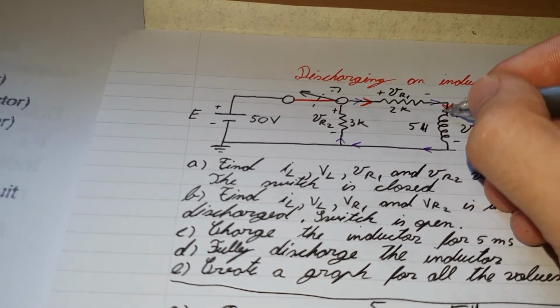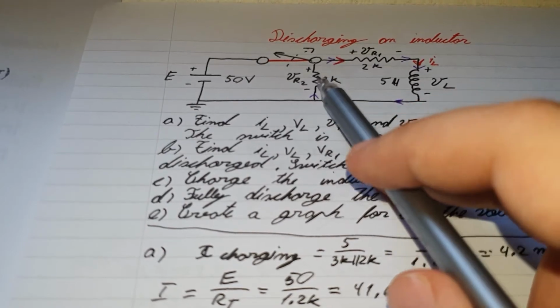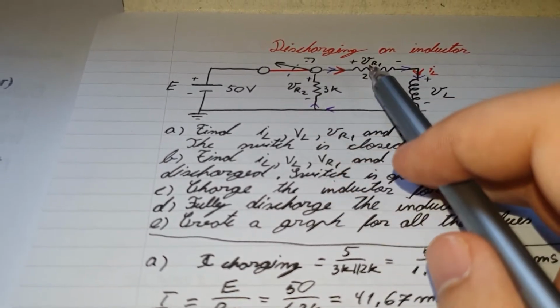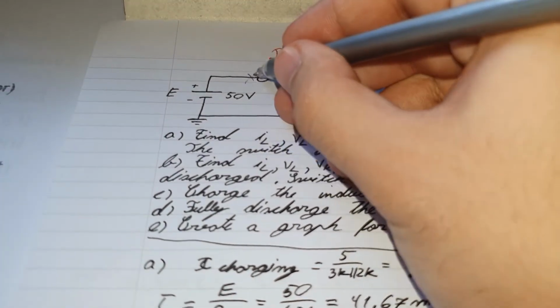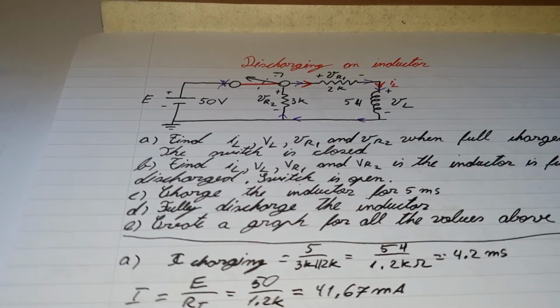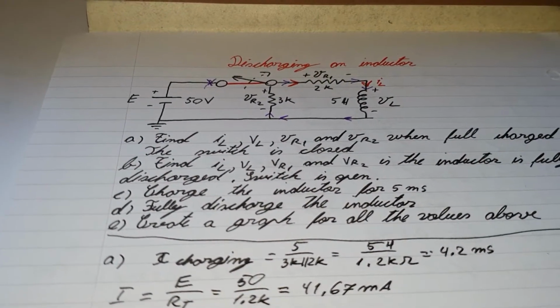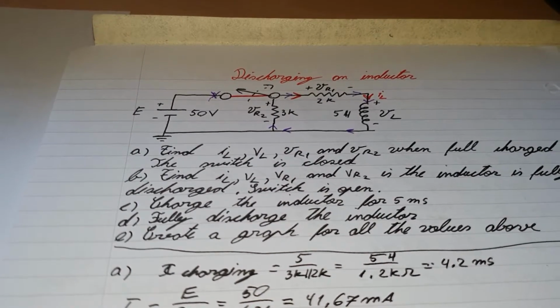Now it loops around. That makes these two components, these two resistors, not parallel anymore because there is no current going through here. So therefore there is no junction between them, so they are simply connected in series now. And that is why we added them together instead of dividing them.